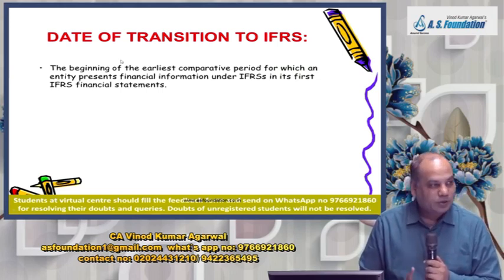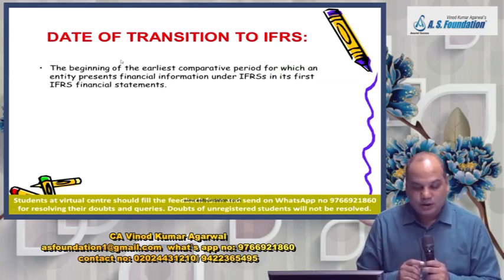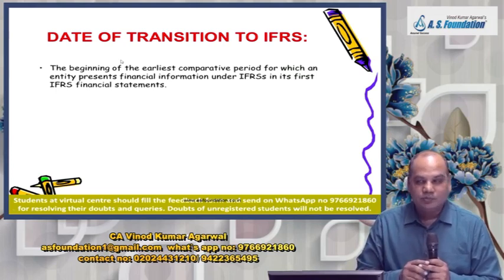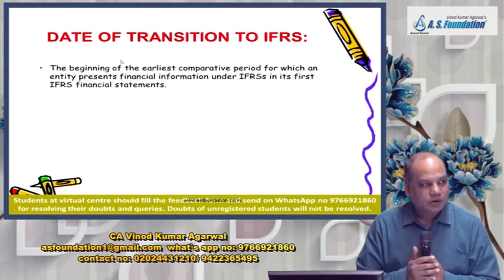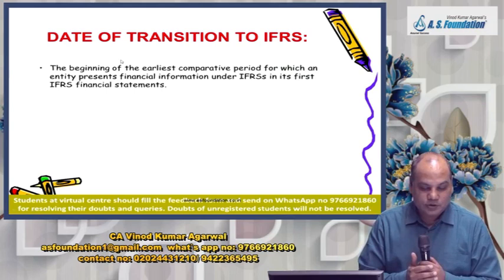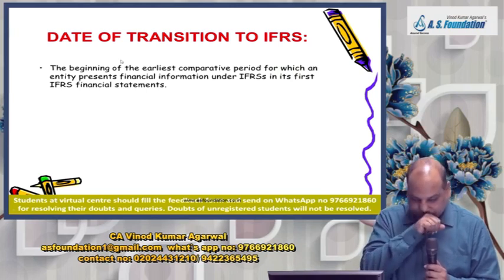So this is applicable for the first IFRS financial statement, full 12 months. It is also applicable to interim period financial statements, because the moment you start applying IFRS, you also have to apply it for the interim period. So in the first interim period that you are going to prepare, this standard is applicable for that also.